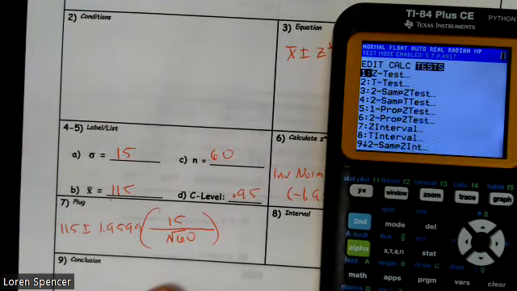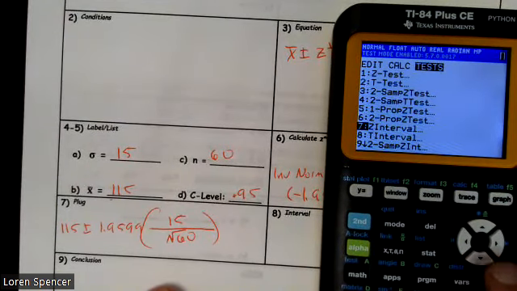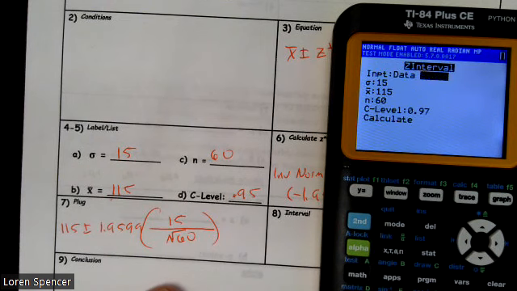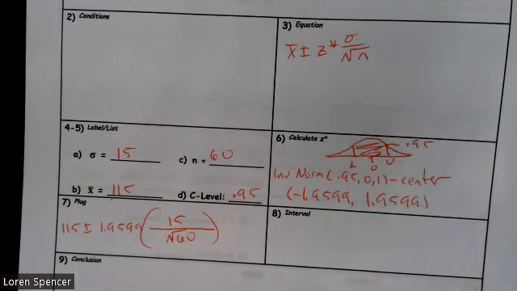That's test number 7, because we want a Z interval. And we run that, standard deviation of 15, x bar 115, 60, and a confidence level of 0.95 gives me an interval of 111.2 and 118.8.